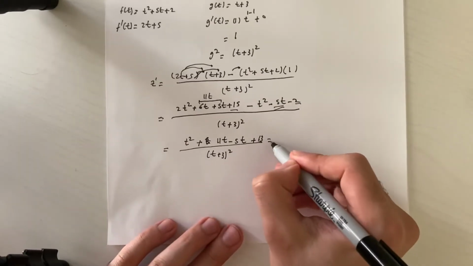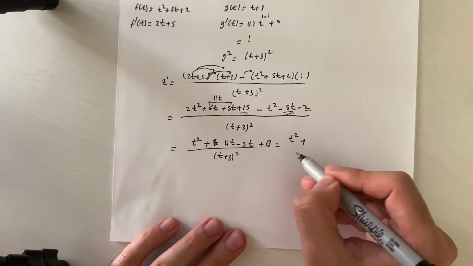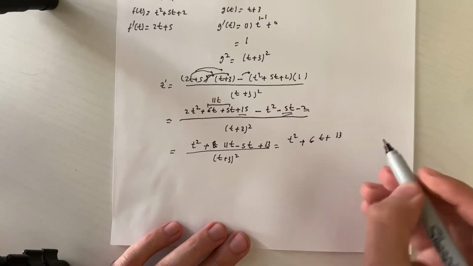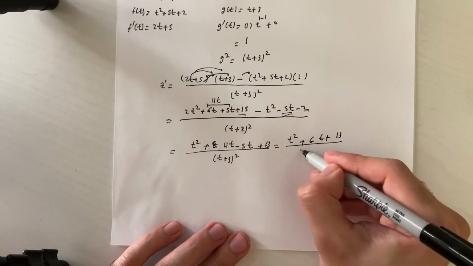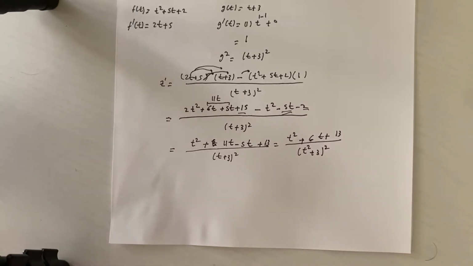Now again we have similar terms, plus 15t and negative 5t. That will result in 6t. That should be our resulting answer.